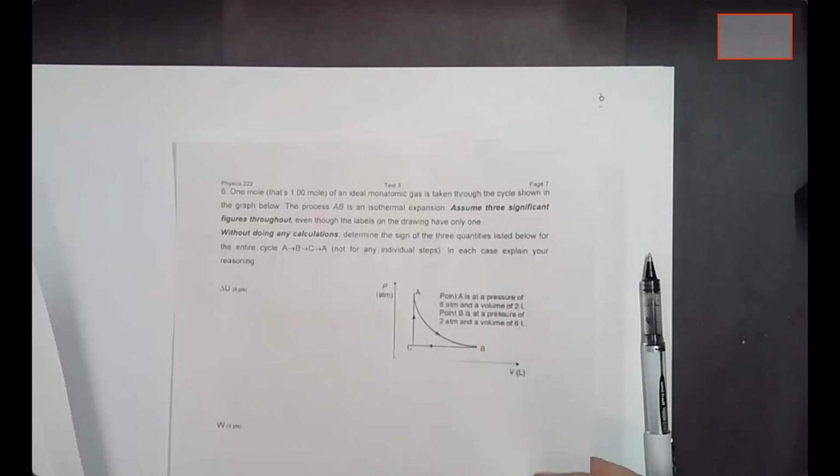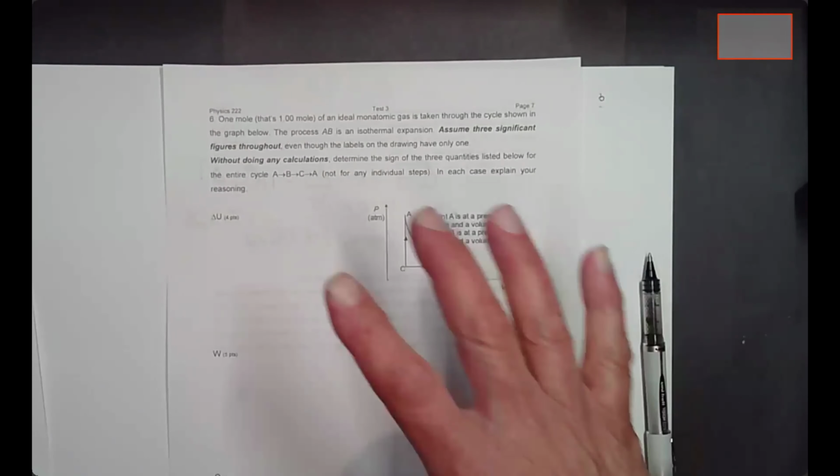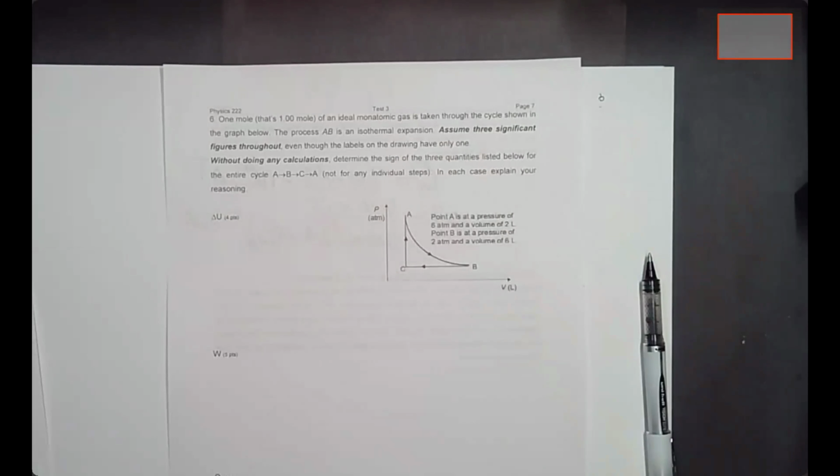This test had some other questions on it, but I think I took out the ones that would have been unfamiliar. This problem actually had an A, B, C, D, and E, or several parts anyway, but I confined it to this question, which has to do with the first law of thermodynamics.